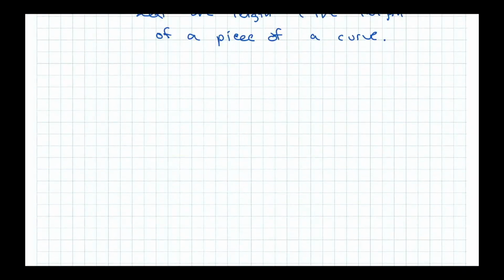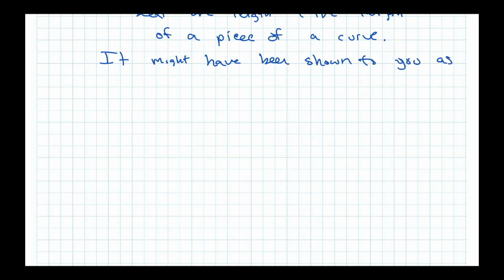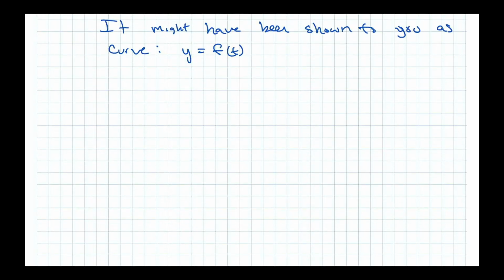Okay. And you could have seen it written several different ways. So if your curve is defined by y equals f of x, then your integral could be an integral from a to b of the square root of 1 plus f prime of x squared dx.